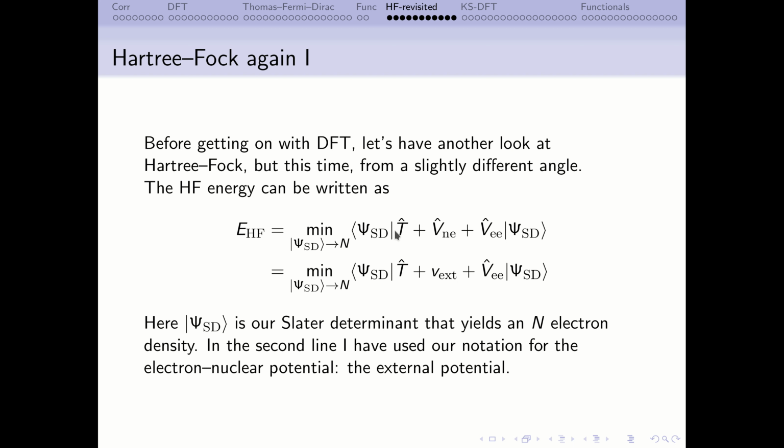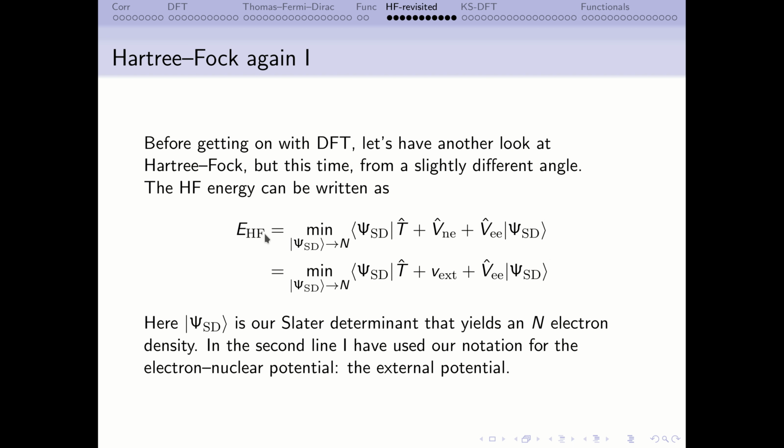Now it's the minimum of the matrix element of a single determinant with this Hamiltonian and a single determinant. So basically with Hartree-Fock theory, we found out what this matrix element was. We then optimized that energy and found the lowest energy, and that gave us a Hartree-Fock energy.